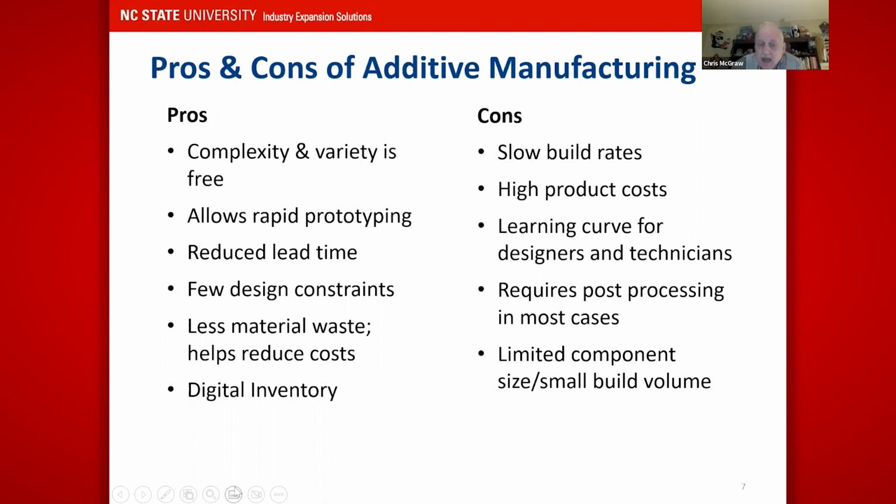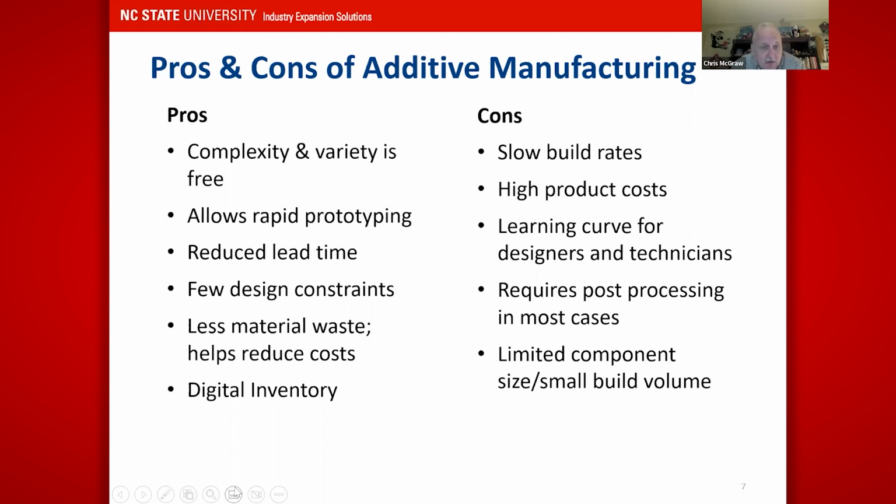We can reduce lead time, and when you're talking about overall lead time, we're talking about lead time including things like building fixtures for traditional machining or building molds and things like that. And we have very few design constraints within additive manufacturing, whereas with traditional manufacturers, a lot more design constraints. Also, less material waste.